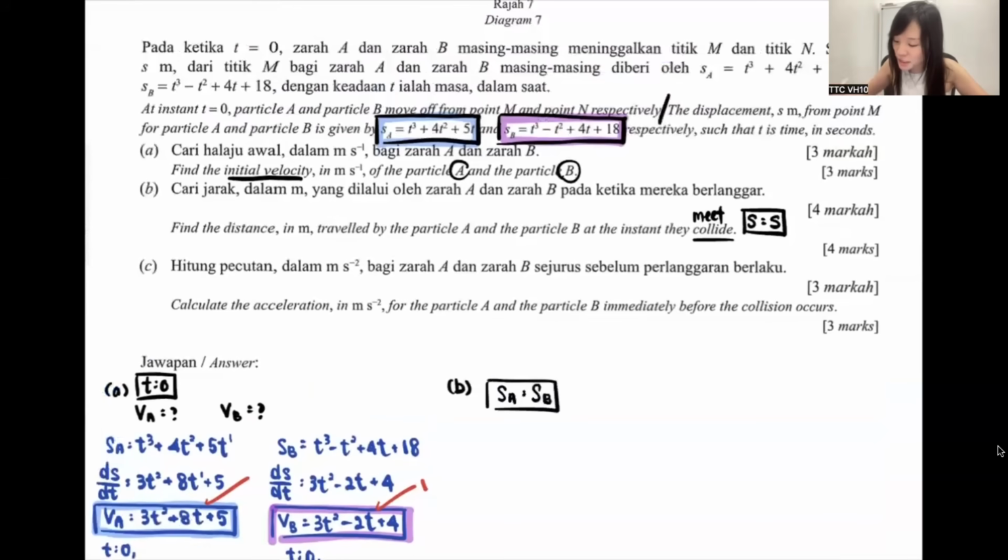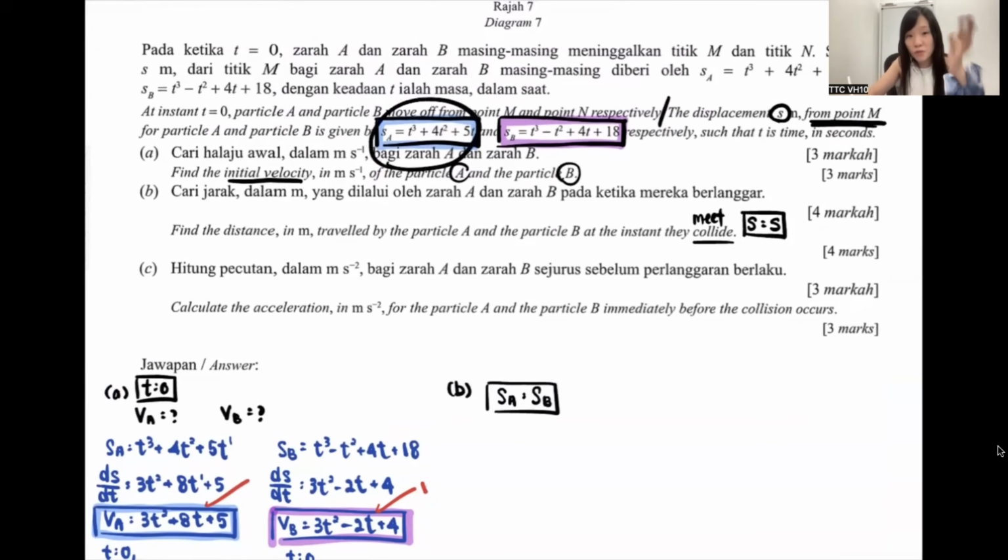Because SA and SB are using the S formula, and the question says they are from point M. So every single thing they calculated is from point M. That means both equations are from KL. If one is from KL and one from Johor, then it's different, but if both are from KL, then we can use them together.